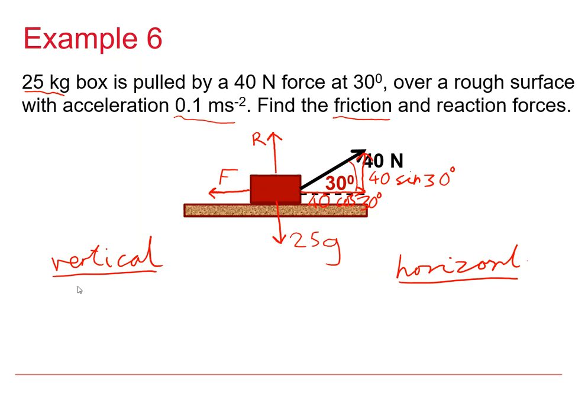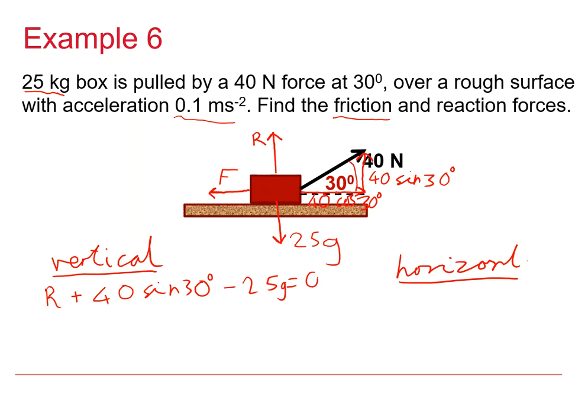So if I add together the forces in the vertical direction, being careful to think about the signs, I'll say that R, so that's upwards, so that's positive R, and I've also got this 40 sine 30 here, so R plus 40 sine 30, and then I've got this negative force effectively here, 25g.